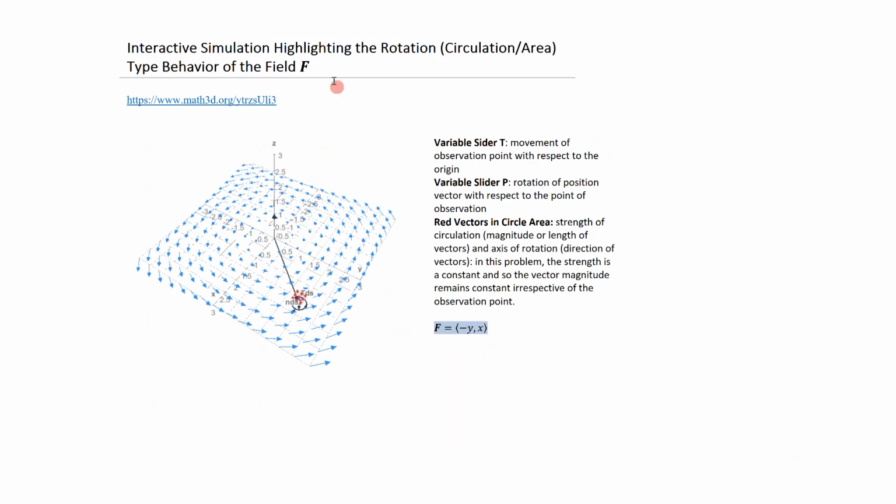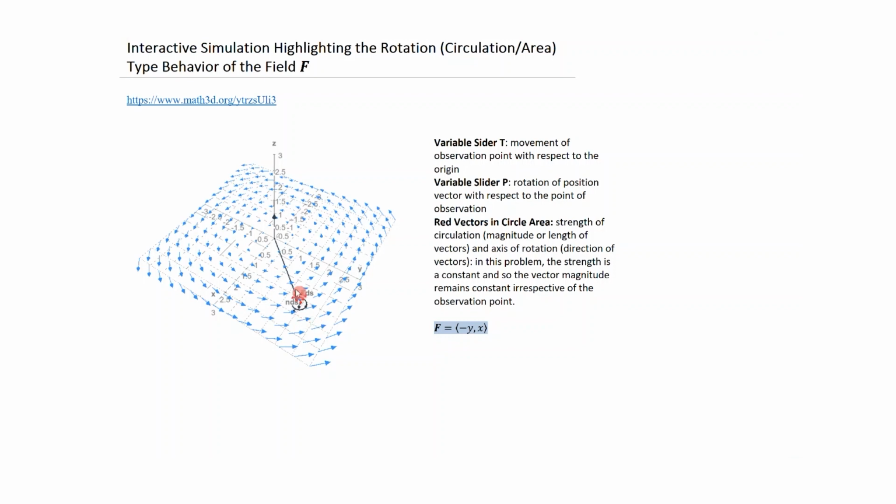All right, we can also do it for the circulation divided by area. In this case, here's the circulation field. And if we were to do the computation of the circulation divided by area, again the idea here is that the variable slider t is the movement of the observation point with respect to the origin, which is this black dot that you see here. The variable slider p is the rotation of the position vector with respect to the point of observation. So the little black arrow here sweeps around and makes a full circle.